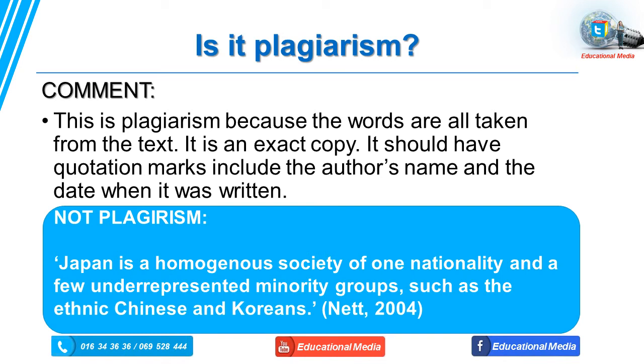Japan is, quotation mark, Japan is a homogeneous society of one nationality and a few underrepresented minority groups such as the ethnic Chinese and Korean, quotation mark. And then you need to have a parenthetical citation here. We have the last name of the author and the year when it was written.